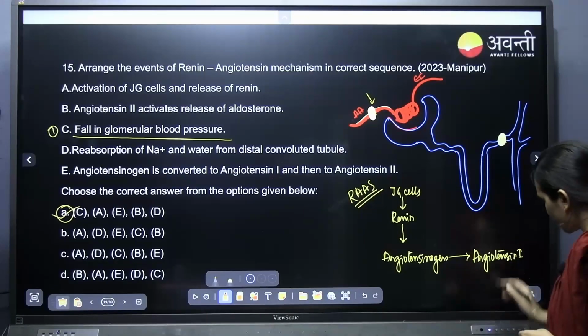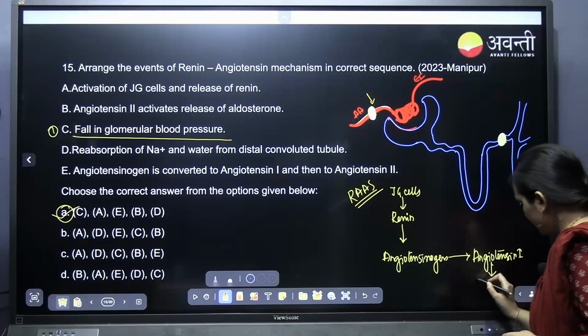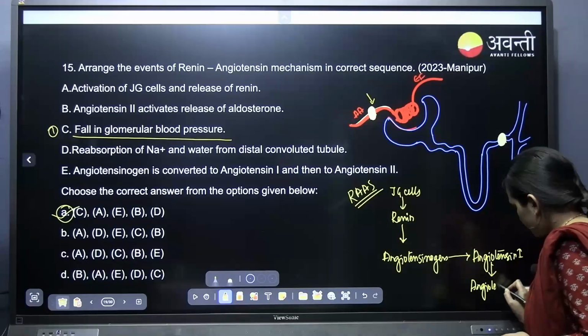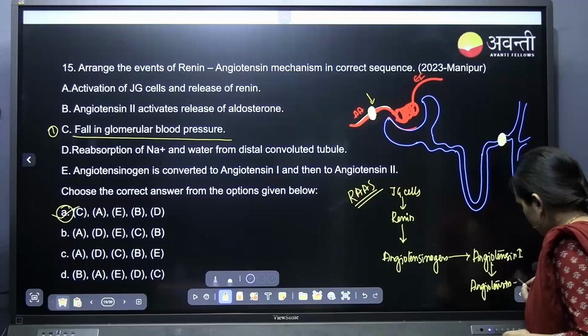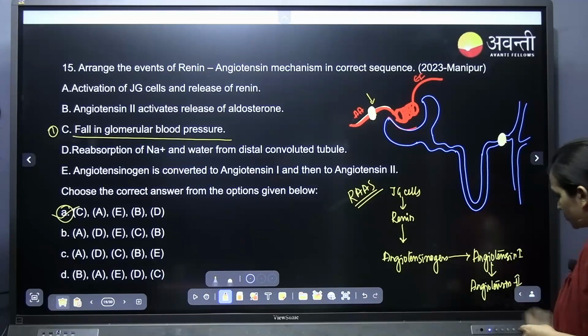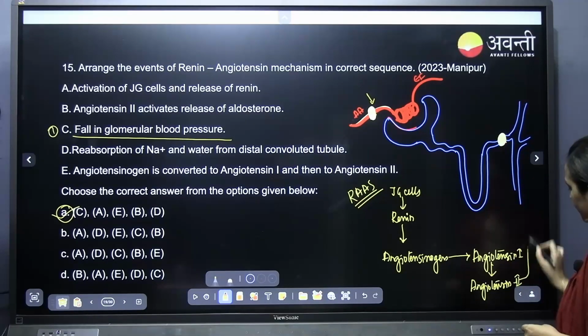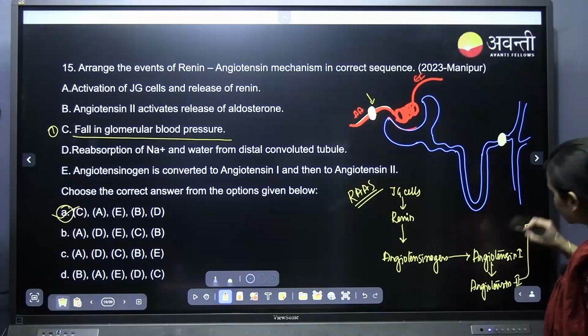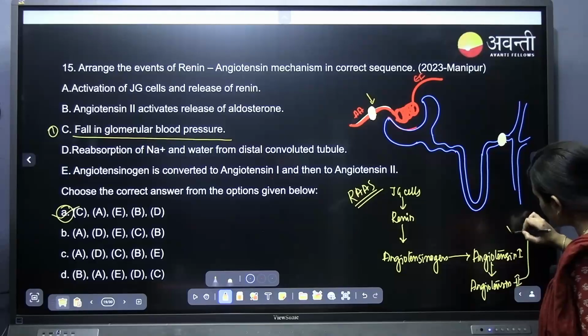From here, angiotensin 1 will be immediately converted to angiotensin 2. Angiotensin 2 gives the adrenal cortex the message to release aldosterone.